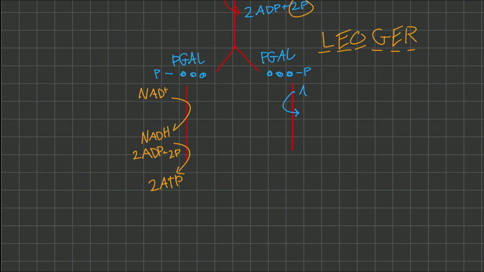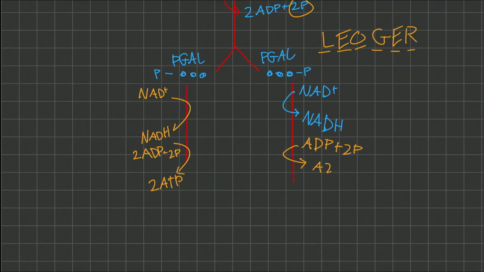The PGAL is oxidized and loses electrons, which are passed onto NAD+, then used to reduce NAD+ to NADH, useful for the electron transport chain and creating ATP in the end. But this also helps us create ATP, so we're going to result with 2 ATP on both sides.